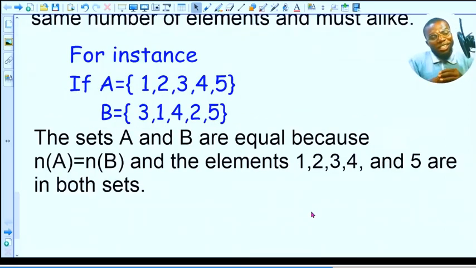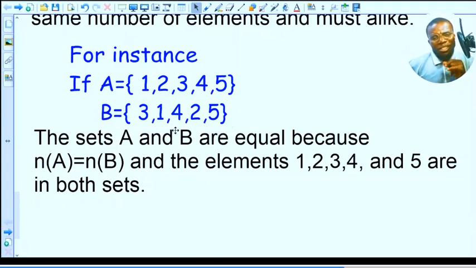According to this example, it is given that set A has the elements 1, 2, 3, 5, 4. If we count the number of elements belonging to set A, there are 5. But for set B, the elements are 3, 1, 4, 2, 5.